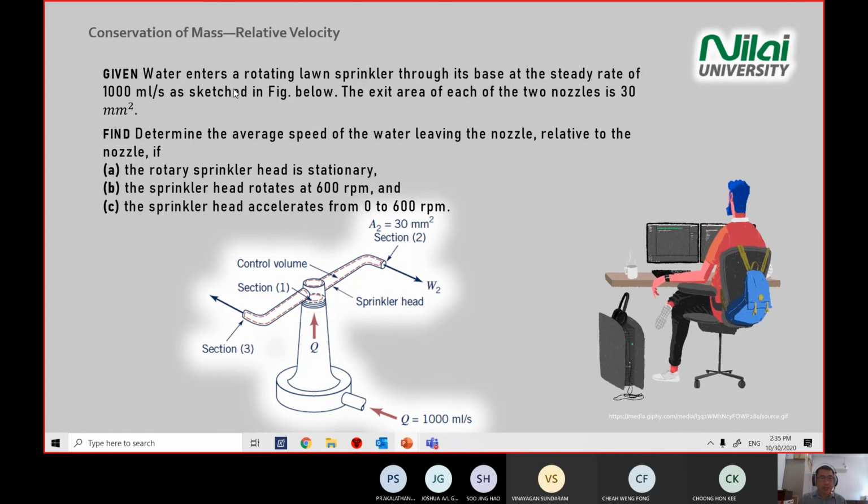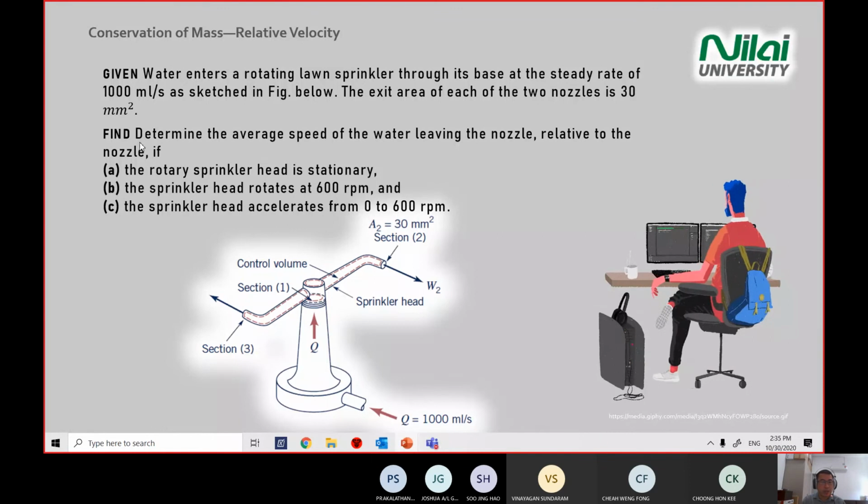So given that water enters a rotating sprinkler through the base here at a steady rate, with a certain rate given, the exit area was given also. However, be careful because the area unit is mm square, so be careful on the unit because we need to always change it to SI units in your calculation.